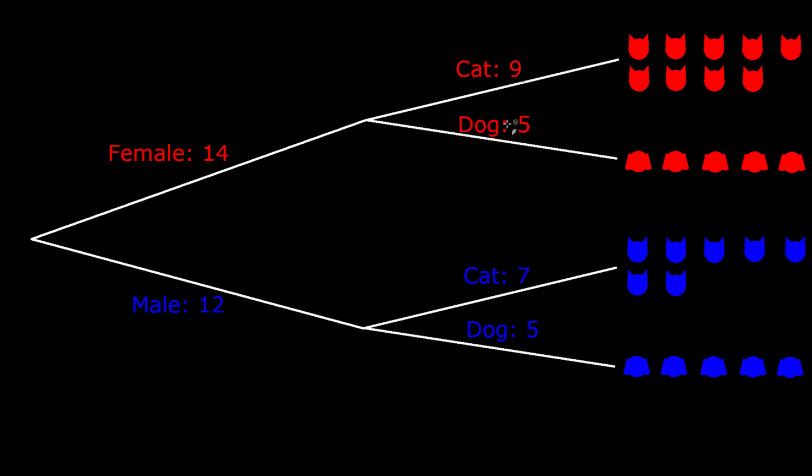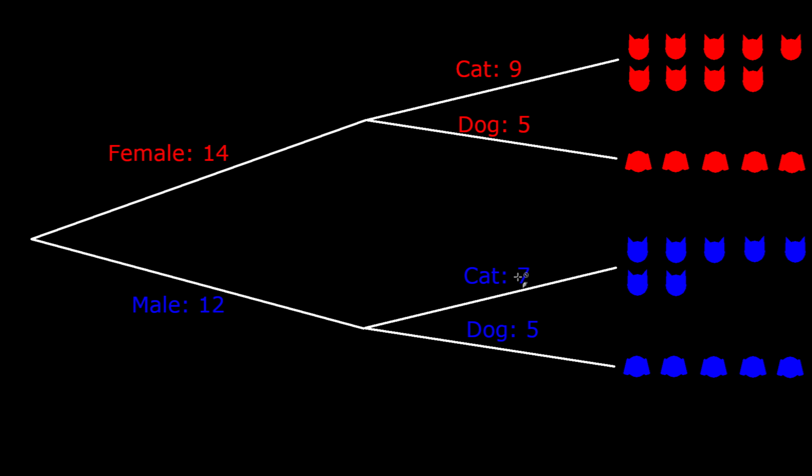So 9 cats, 5 dogs, 7 cats, 5 dogs. And so what this quite literally means, this number here, means that 9 people chose cat that were also female. We see them right here. This is 5 people chose dog that are also male. And you could flip-flop and have the cat-dog question here and then split those up male-female.